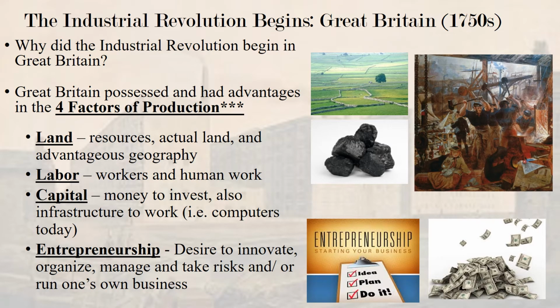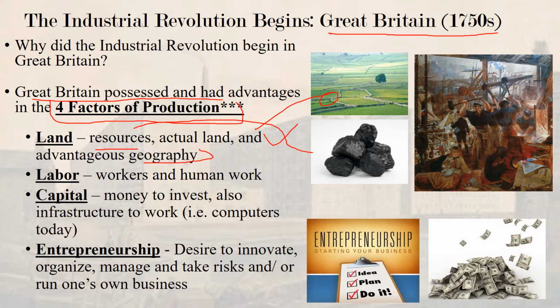Why does the Industrial Revolution begin in Great Britain? Well, most historians would argue that Great Britain possessed certain advantages in the four factors of production. Land, which is both the resources, the actual land itself, resources like coal, and maybe advantages in geography. Specifically, we'll talk about the impact of streams and rivers in Great Britain.